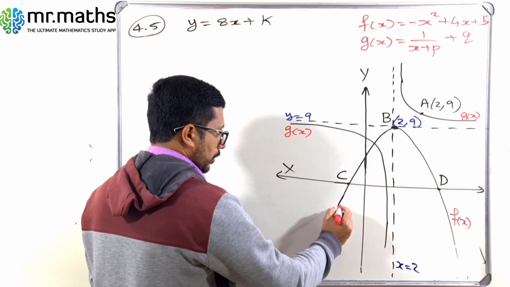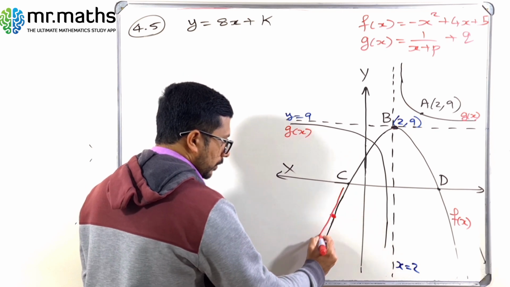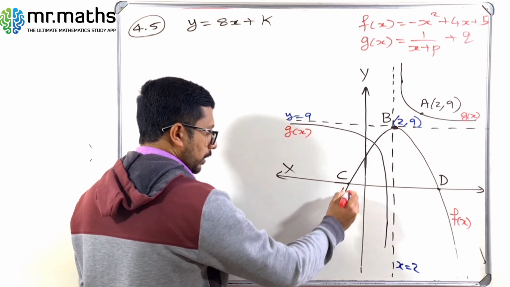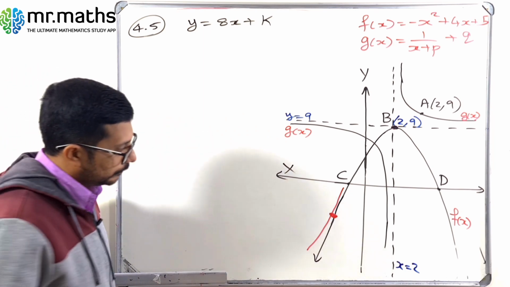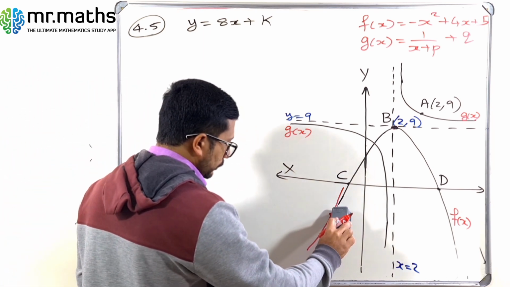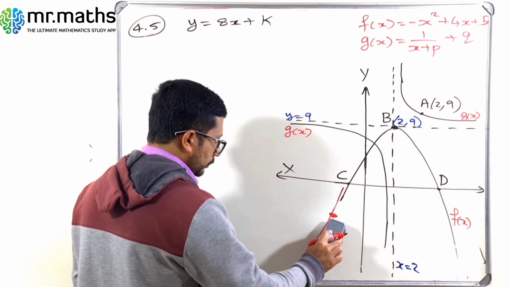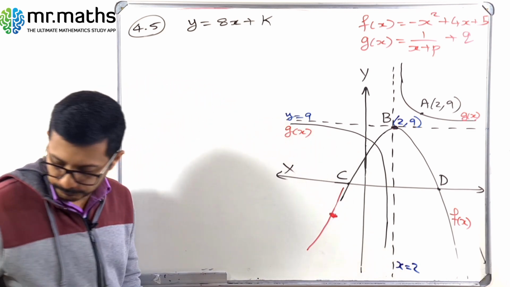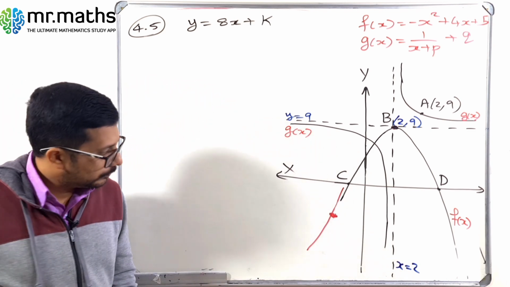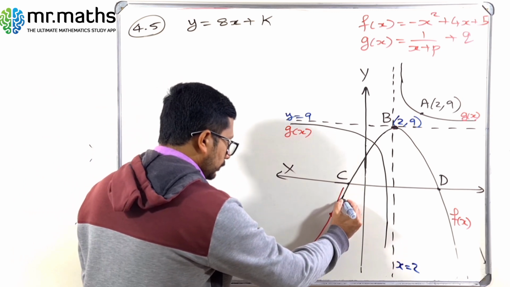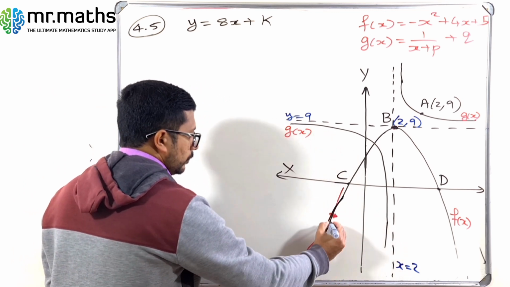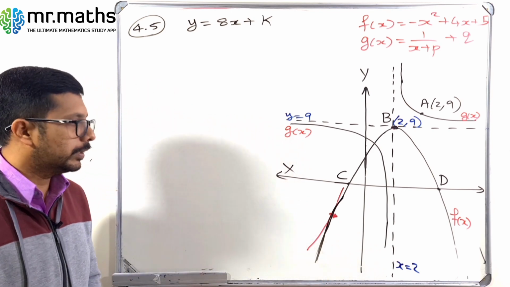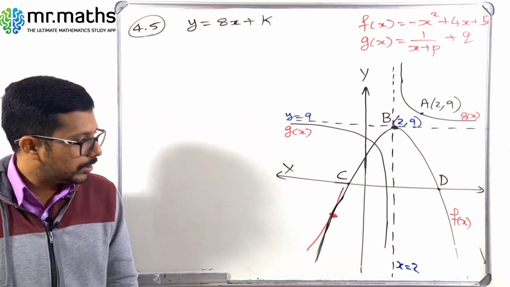So there is a tangent. Tangent means it's touching only once. Assume that there is a tangent there, touching only once.